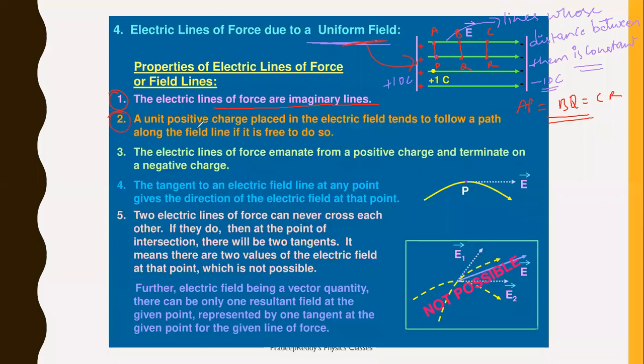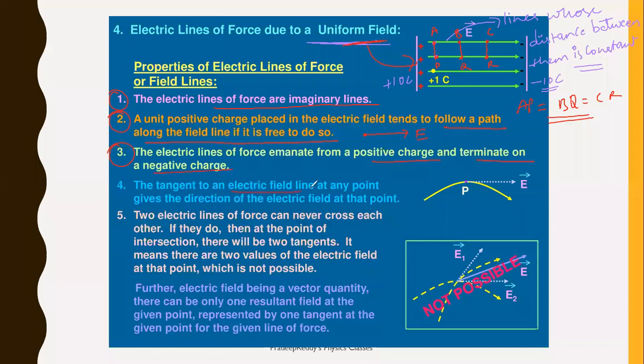And the second thing is, a unit positive charge placed in an electric field tends to follow the path along the electric field line. This is what yesterday we have discussed. If you are placing a test charge, that will be moving along the field direction. Point number 3, electric lines of force emanate from positive charge and terminate on negative charge.